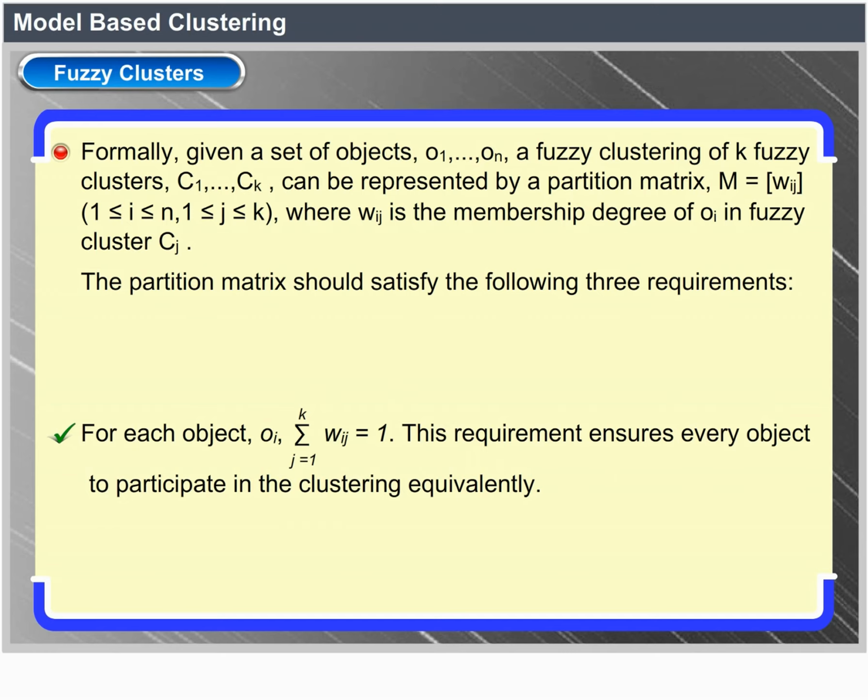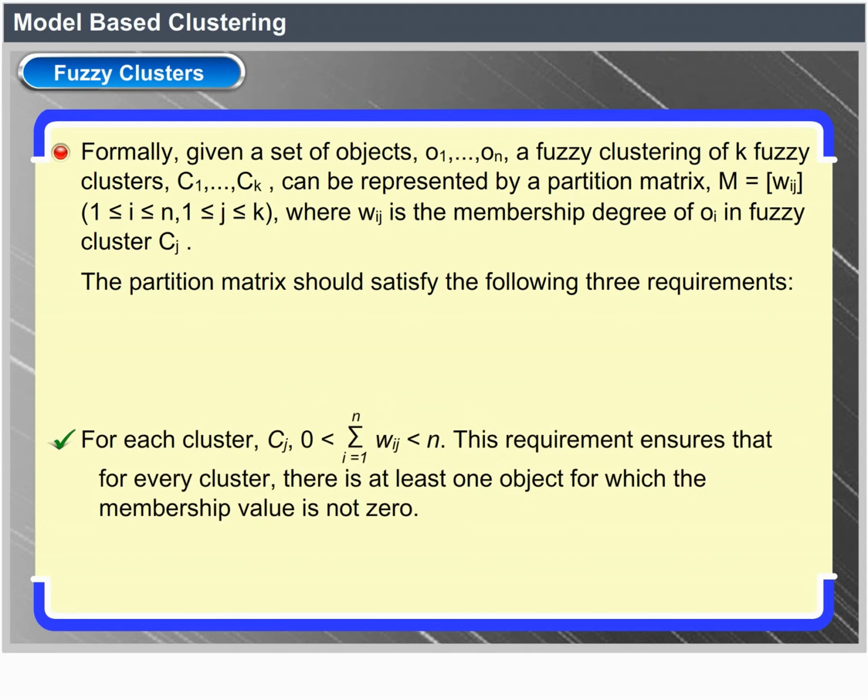This requirement ensures that every object participates in the clustering equivalently. For each cluster Cj, the summation over i equals 1 to n of wij lies between 0 and n. This requirement ensures that for every cluster, there is at least one object for which the membership value is non-zero.